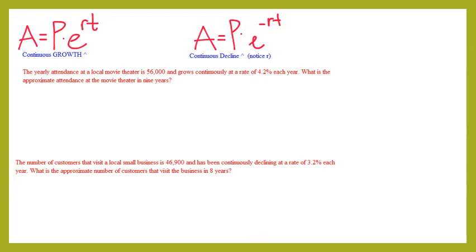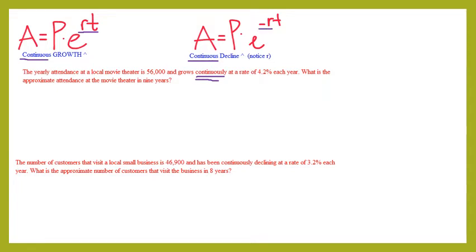If you have the word continuous, you cannot use the other formula that we just did. So this word problem does indeed say continuous, continuously, whatever, so you know you're going to be using one of these. Notice the growth one has a positive exponent, a positive R, whereas the decline, notice the R will be negative. So we're going to do one of each.